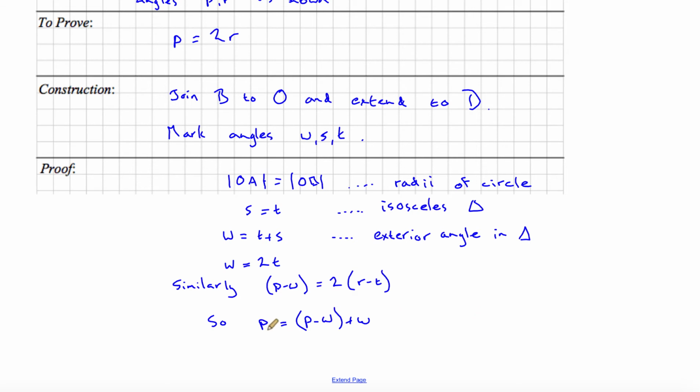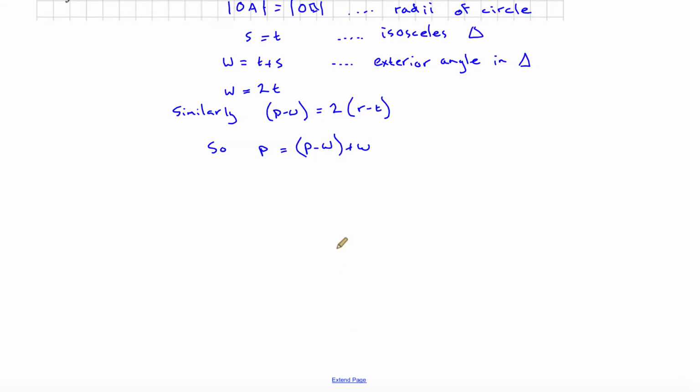However, we've just shown that P minus W is this one here, 2 times R minus T. So we can replace this P minus W with 2 times R minus T, and we can replace the W with 2T.